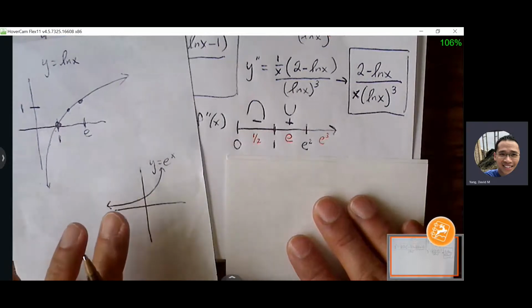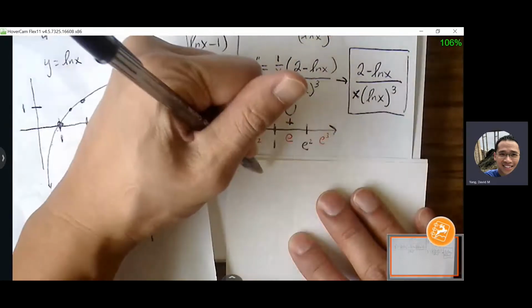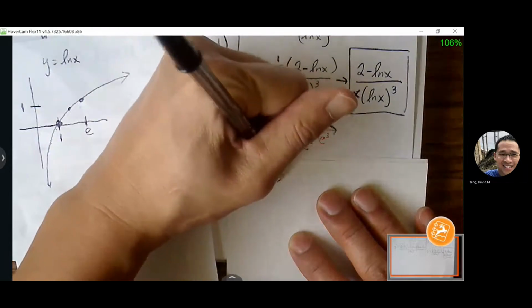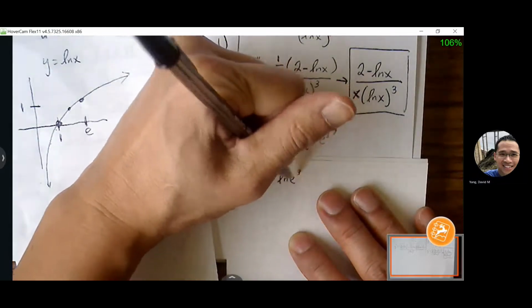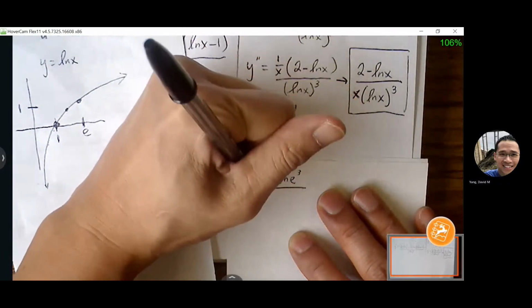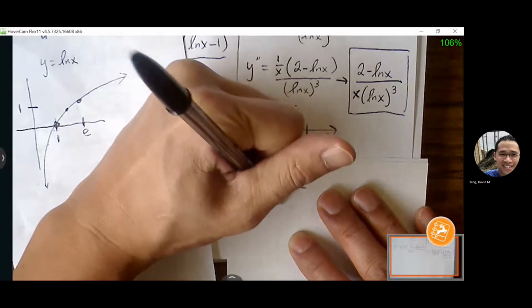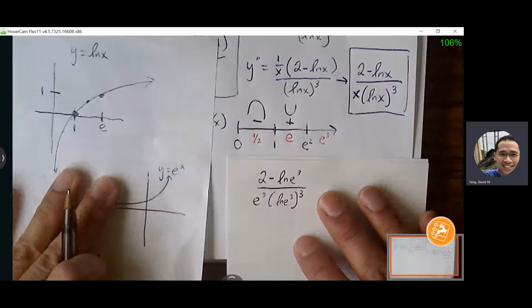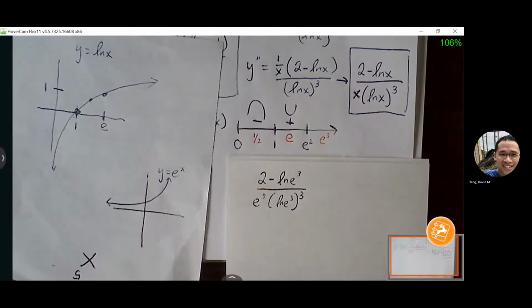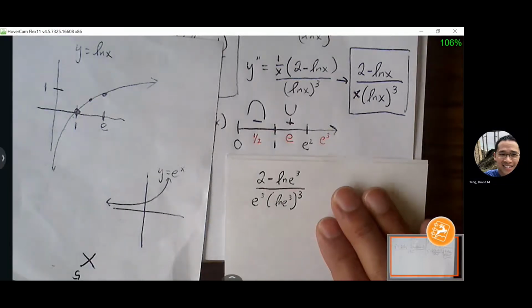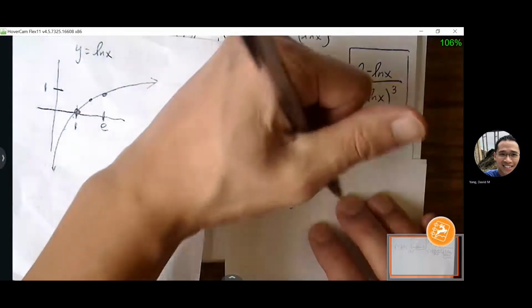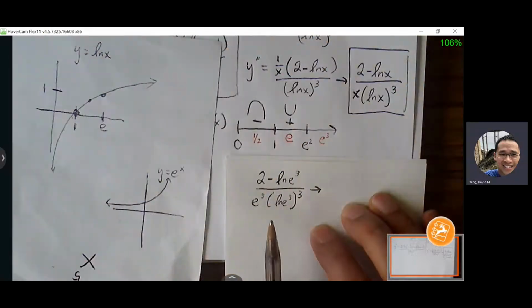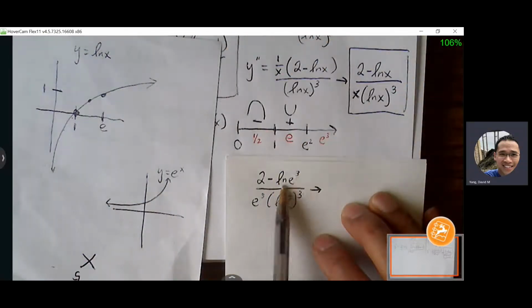Let's test out e cubed. What can I do with this piece?